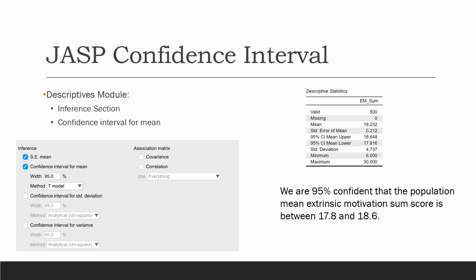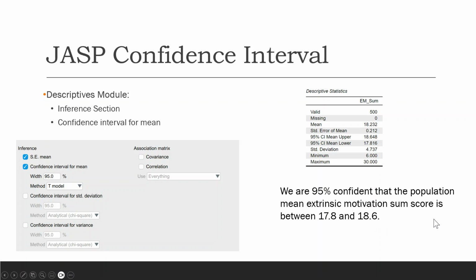We say that we are 95% confident, so you need to tell how much confidence you have, that the population mean extrinsic motivation sum score is between 17.8 and 18.6 points. I guess I should have said points. Well, what's the sum score? So that's the units there. So sum score is between 17.8 and 18.6.